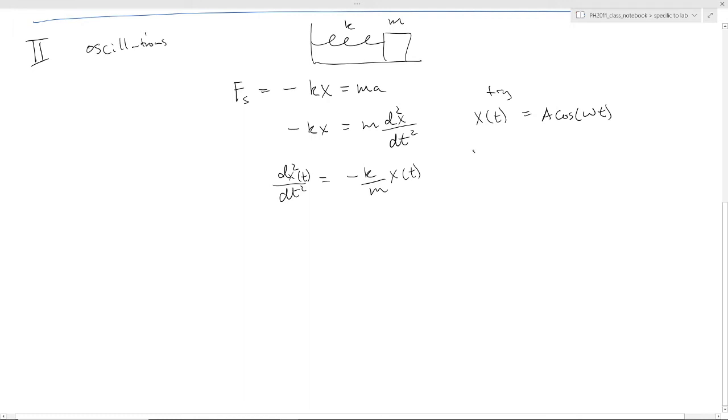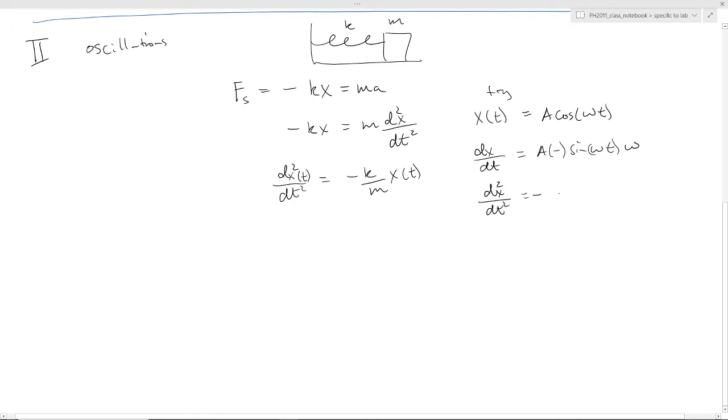What would the first derivative of this be? We would have a times negative sine omega t, and we would pick up a factor of omega. We took the next derivative, second derivative.